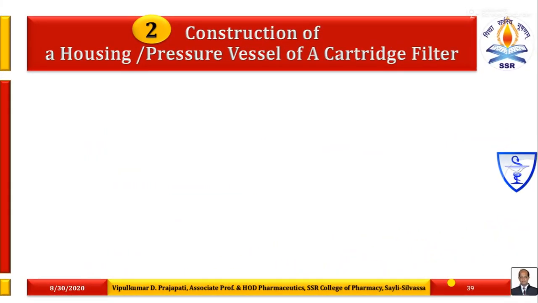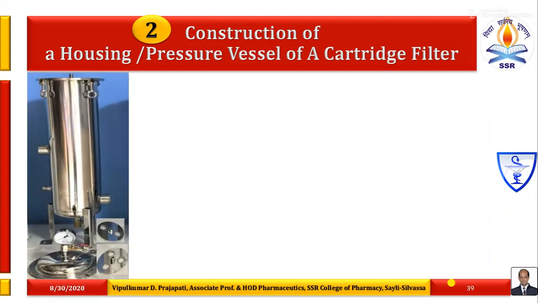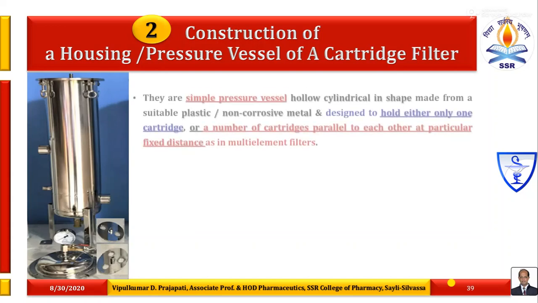Now we are discussing the second part of construction of cartridge filter equipment, that is known as the cartridge filter house or housing, that is the pressure vessel of a cartridge filter. This is the metallic cartridge house.